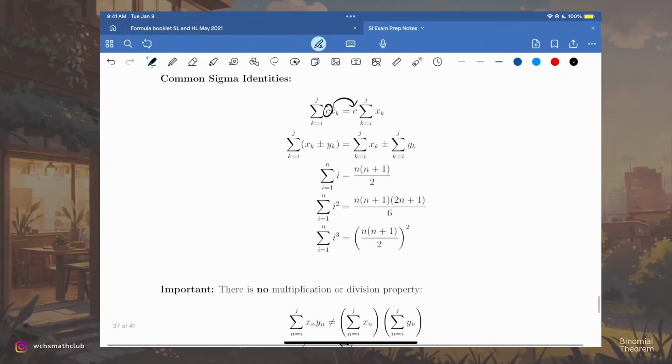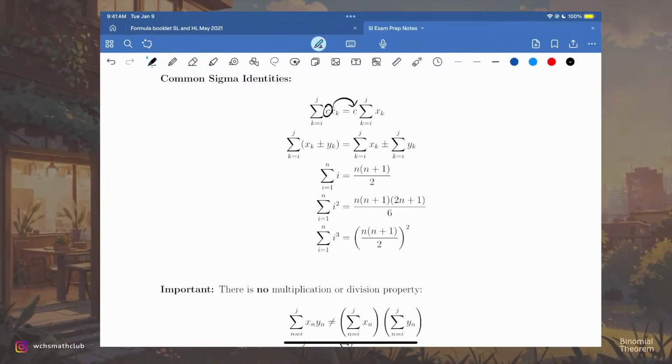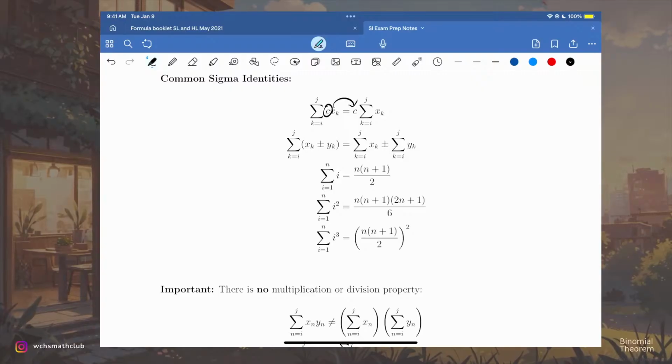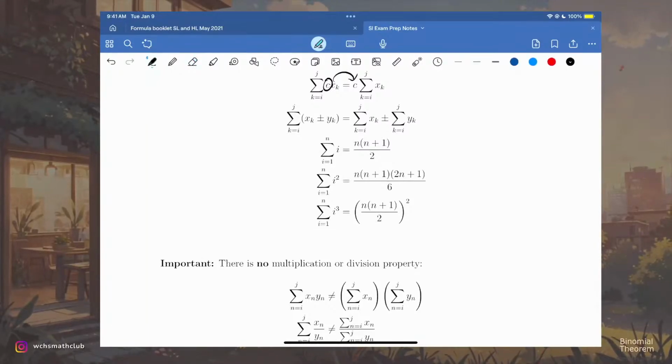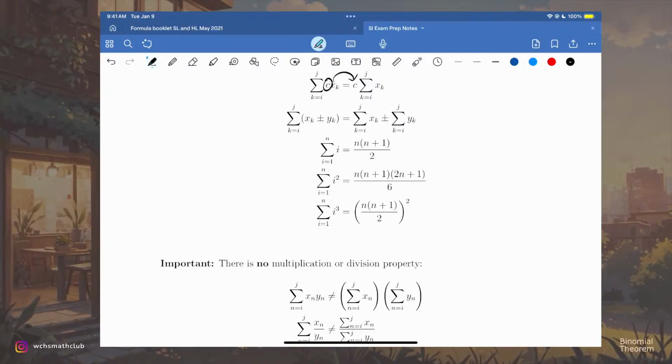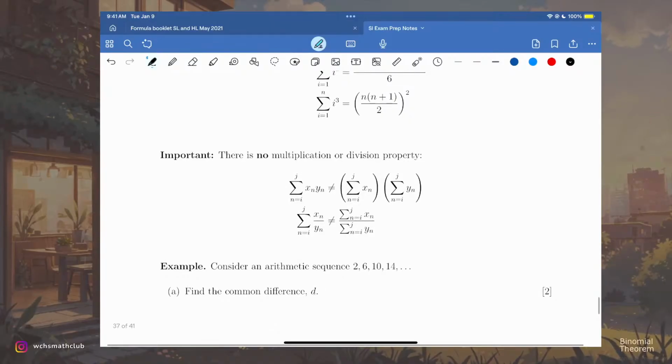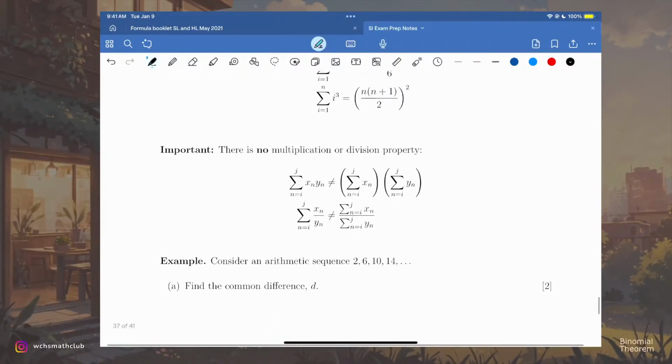This formula is the sum of the first n squares, which equals n times n plus 1 times 2n plus 1 over 6. And the last formula is the sum of the first n cubes, which equals n times n plus 1 over 2, all squared. It's important to note that you cannot multiply or divide sigma notation.